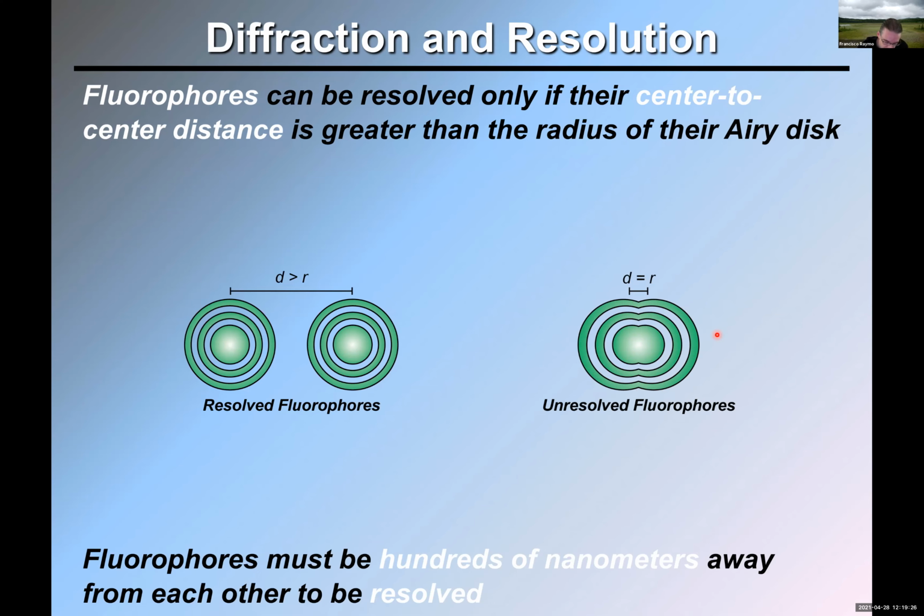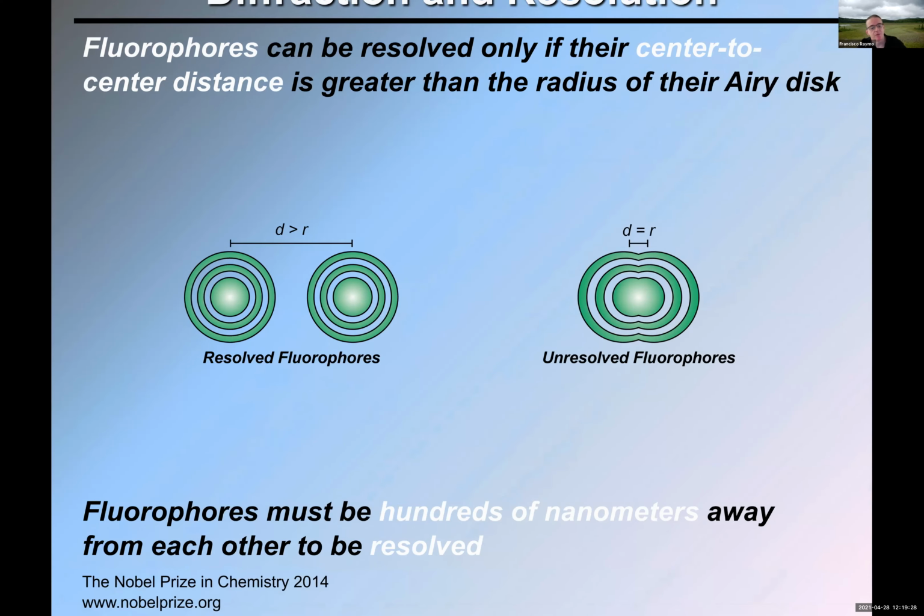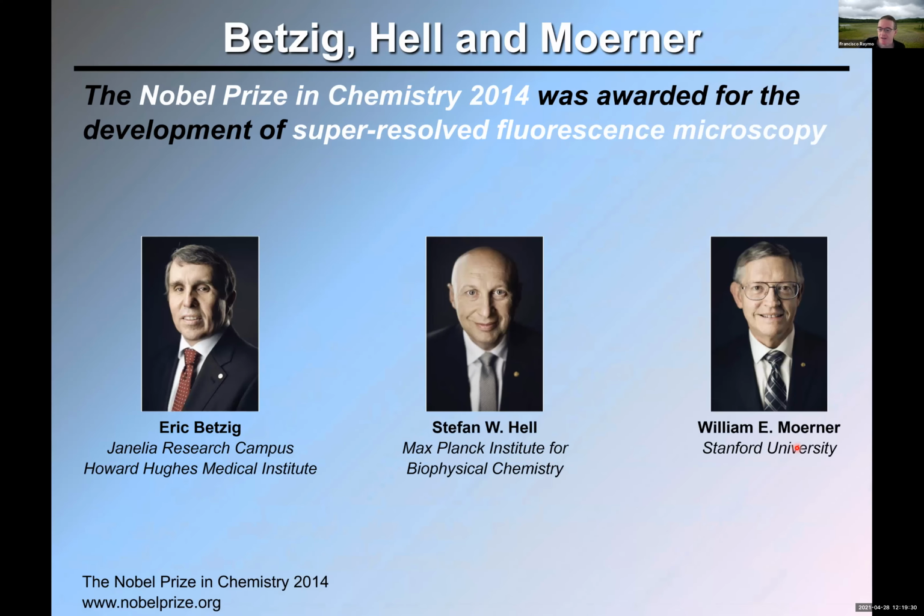Now, a solution to this problem came from the work of Betzig, Hell, and Moerner, who were awarded the Nobel Prize in Chemistry in 2014 for the development of so-called super-resolved fluorescence microscopy. Now, Moerner was the first person to show that the fluorescence of just one molecule can be detected under the right conditions, but still it can be detected.